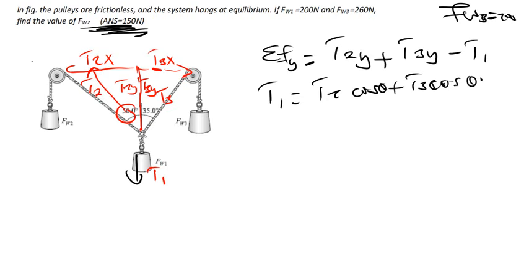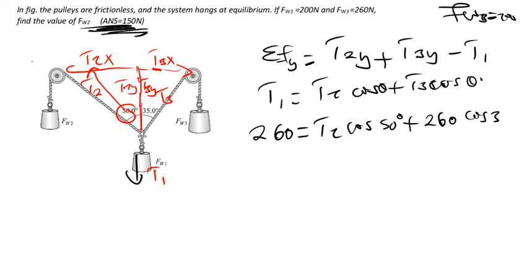So T1, FW1, which is 260, should be equal to T2, which we don't know, it's the one we want to find. The angle is 50. T3 we have been given, which is 260, so 260 cos 35. Come on, FW1 is not 260, it is 200.